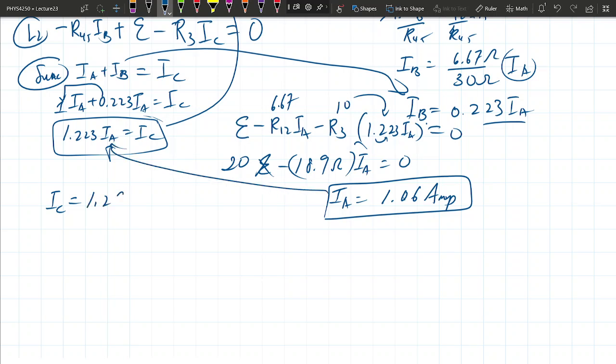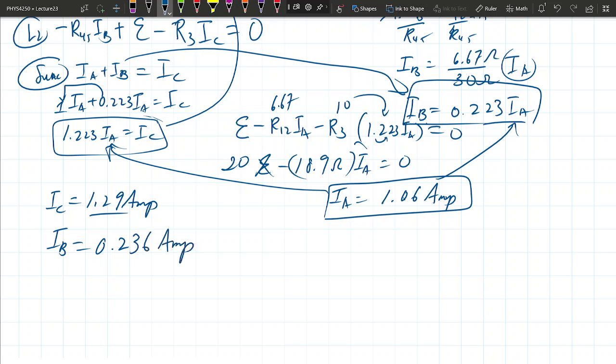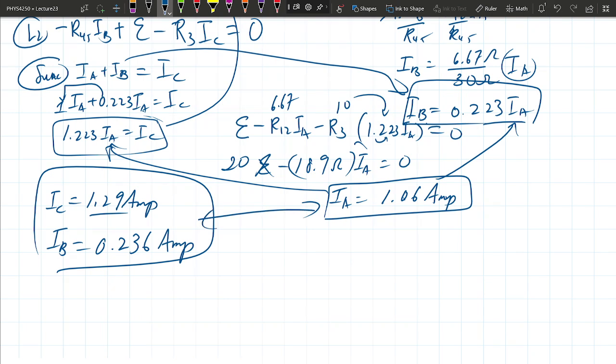So 1.29 amp. Let's just write 3 sig figs. And then IB follows this equation, so I plug in IA in here, times 0.223. IB turns out to be 0.236 amp. So now we have all the currents, but this is not the answer.